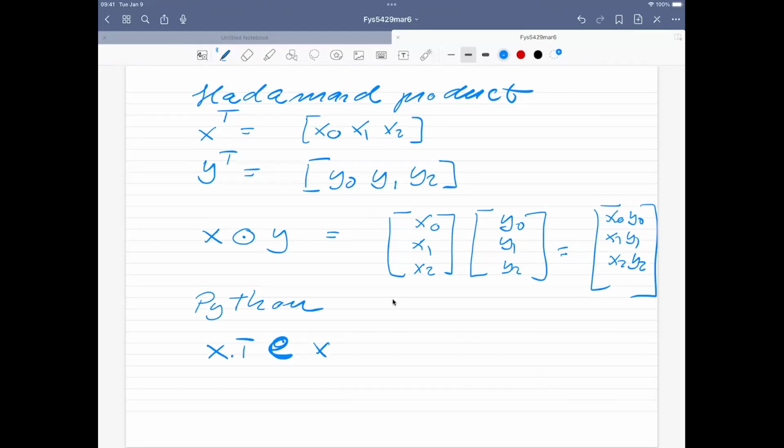If you write X times X in Python, on the other hand, this is actually the Hadamard product. That gives you an element by element multiplication. Just a small reminder, because it's so easy to make that error. I've done it many times because I'm just multiplying two vectors, and intuitively you would use that symbol, but that's actually the element by element multiplication.